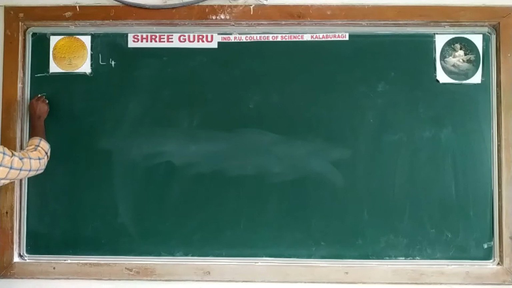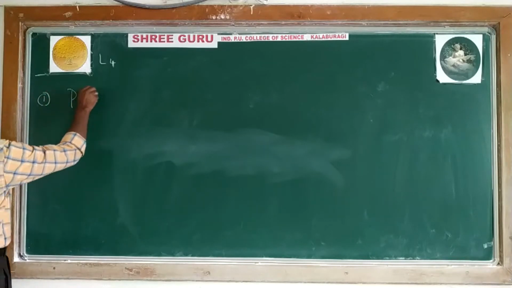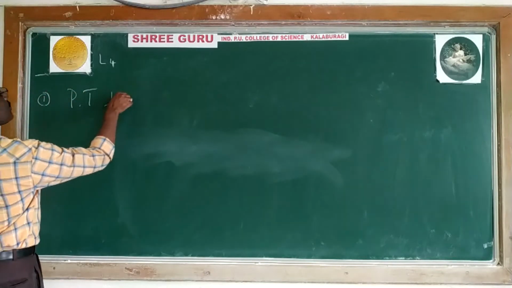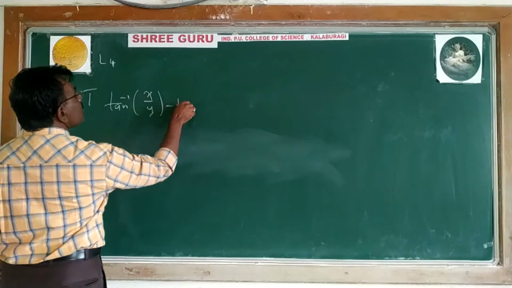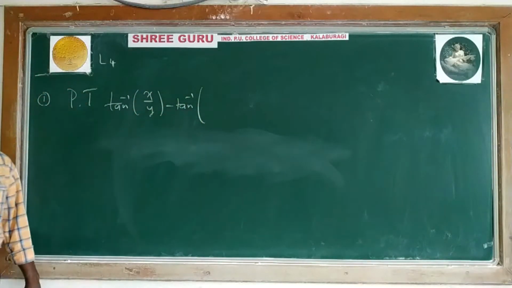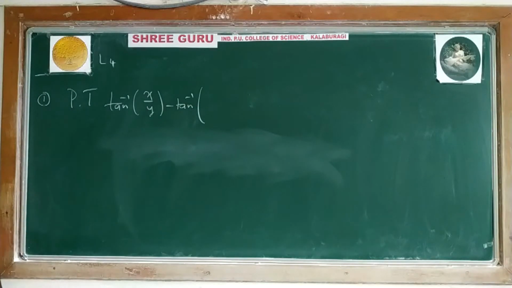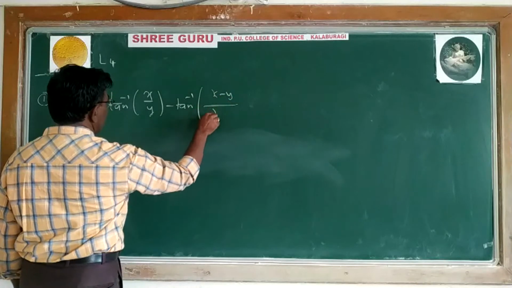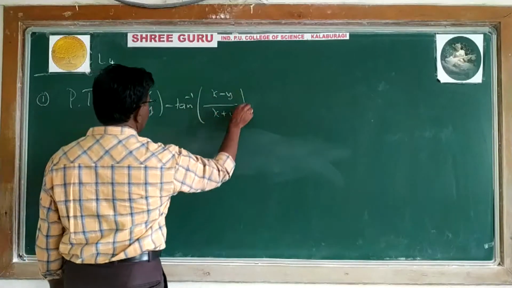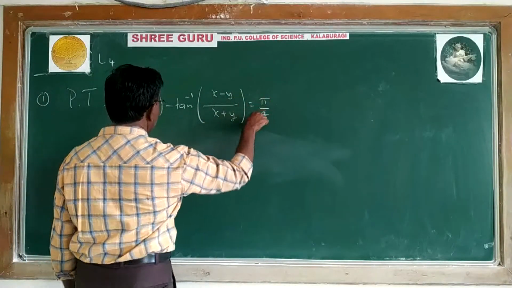Prove that tan inverse of x by y minus tan inverse of (x minus y) by (x plus y) equals pi by 4.